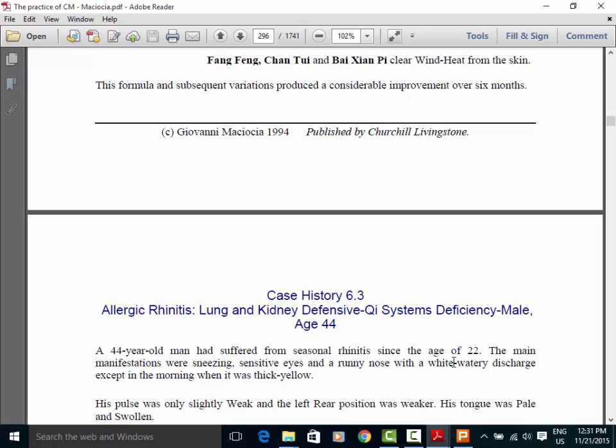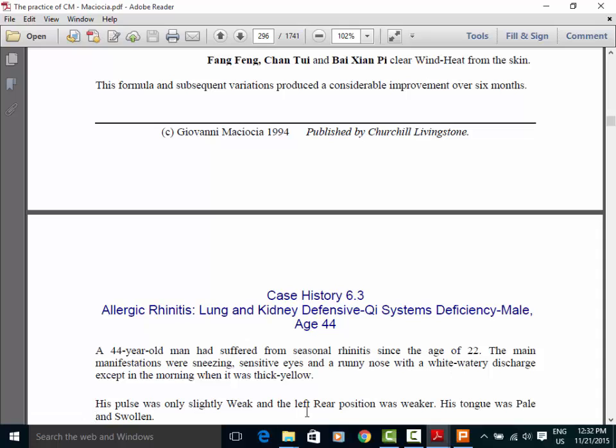All right, that could be related to yin deficiency, where there's heat at night that's drying up the phlegm, or it could be related to some kind of other irritant that stagnates and sits at night and just kind of dries, and it gets worse, right?